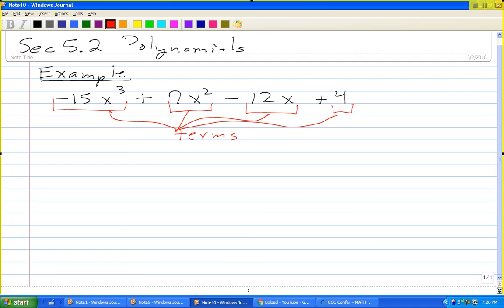Each of these terms will consist of, let's look at, let's say 7x squared. Okay. Well, each term consists of, maybe I'll make this a little bigger, so let's say 7 times x to the 4. So this is a term, and it'll consist of a variable part.